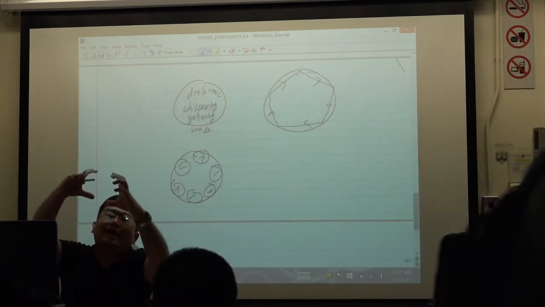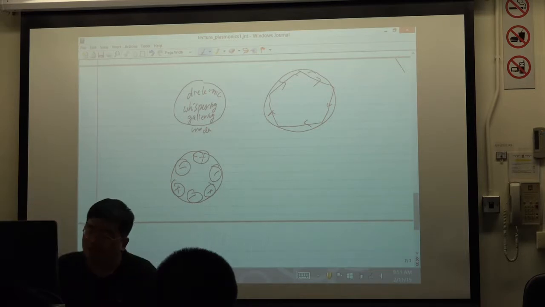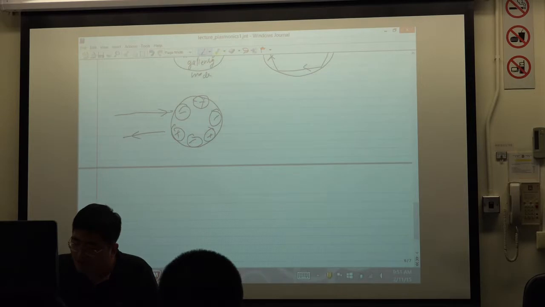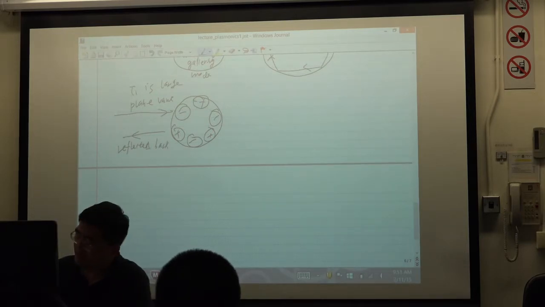That means a dielectric can have some whispering gallery modes with a very high quality factor. If you use a plane wave to excite a whispering gallery mode, because the quality factor is very high, that means tau 1 is large. This is a plane wave, and it totally reflects back. They cannot couple because the quality factor is too high. Another way to understand why they cannot excite the whispering gallery mode is the K vector and the E vector.